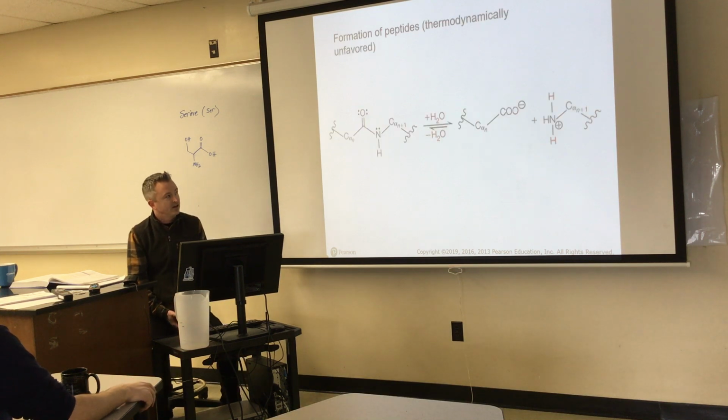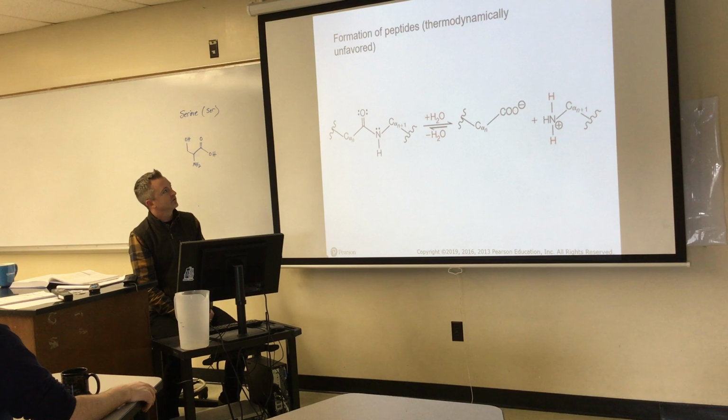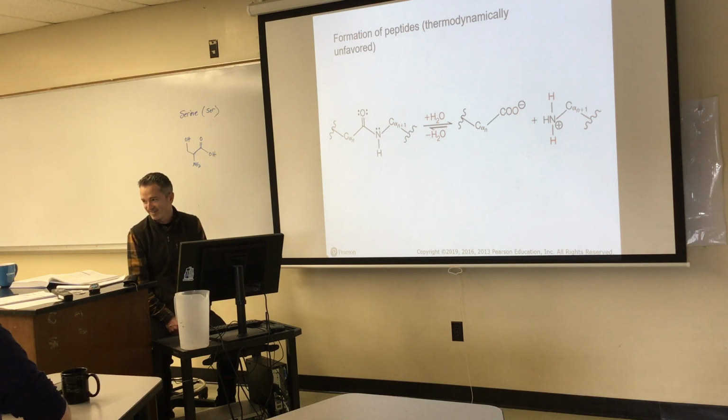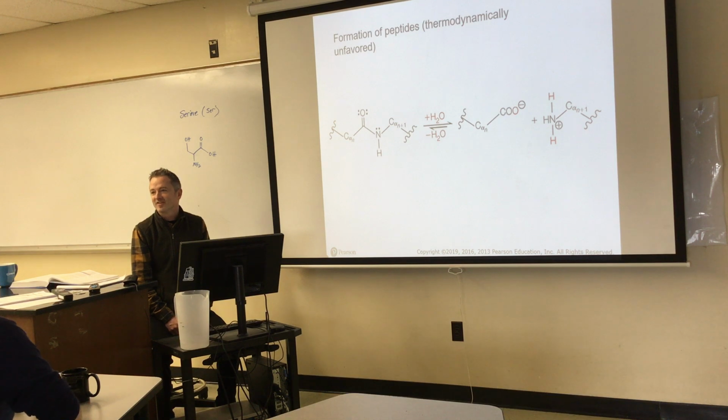Interestingly enough, the formation of peptides is thermodynamically unfavored. How does it happen if it's thermodynamically unfavored? Even better question. How did it happen in the primordial soup if it is thermodynamically unfavored? You got struck by lightning. It increases the entropy. Is that right?